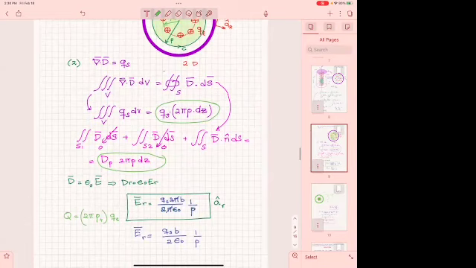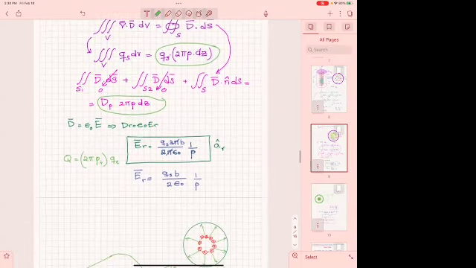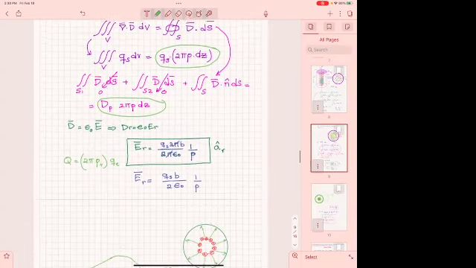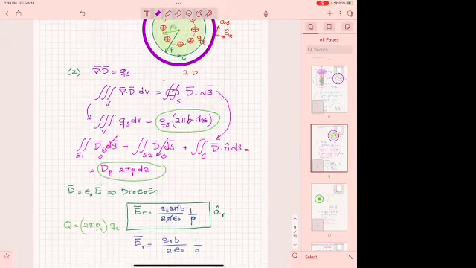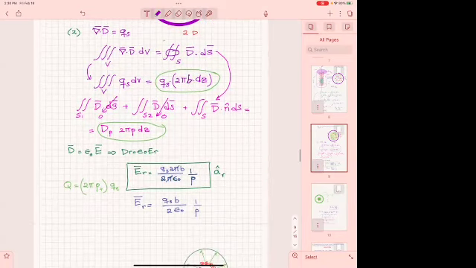There is a problem. Okay, I know what the problem is. This is B, because it's only on the B surface. It's not on any surface, it's only on the surface that has a radius B. Okay, so if I equate these two, what do I find?